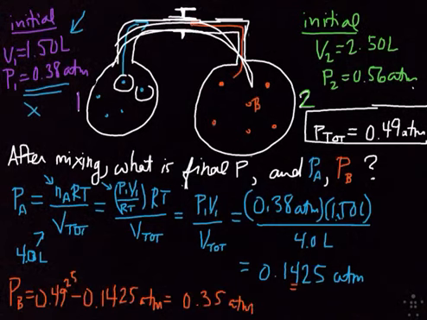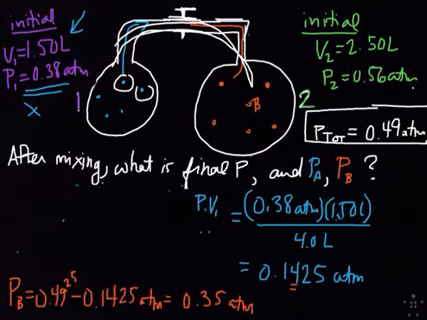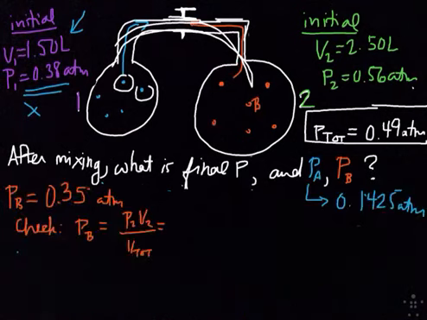And again, I could check this if I wanted to by doing the same calculation as I did for A. And I can plug in my P2 V2 RT over V total. So let's just see if that works out to be the same number so that our answer checks out. So now I'm just checking that PB equals 0.35.